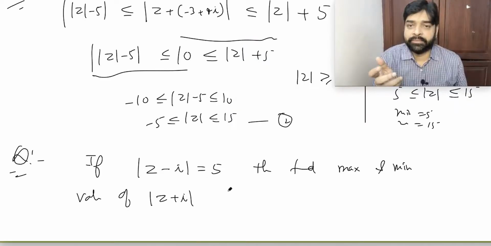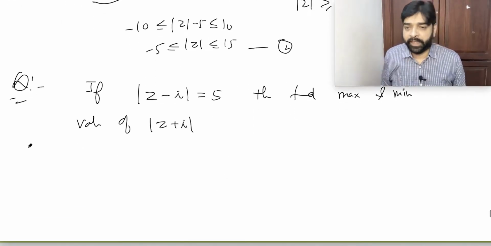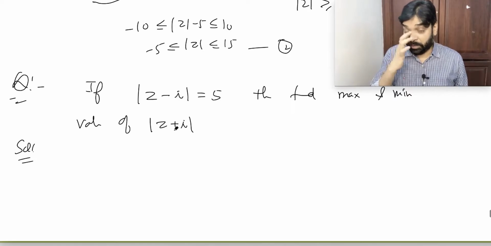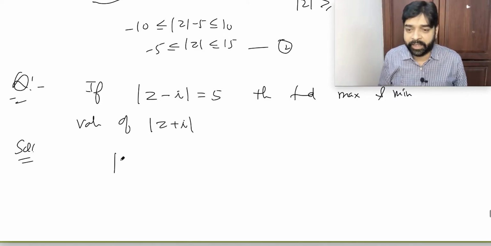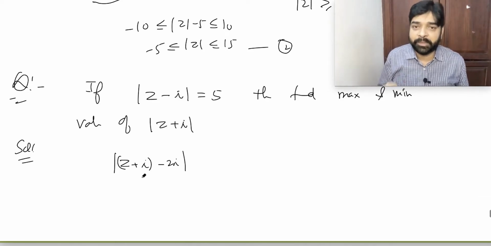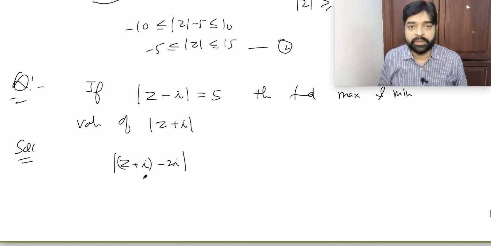Are you finished? Check it here. This much time, don't take it. Mod of z minus i equal to 5. To find the maximum and minimum value of z plus i, means I want z plus i. So the given data I can write this way also: z plus i minus 2i. Why did I write it? Because I want z plus i. Yes or no?